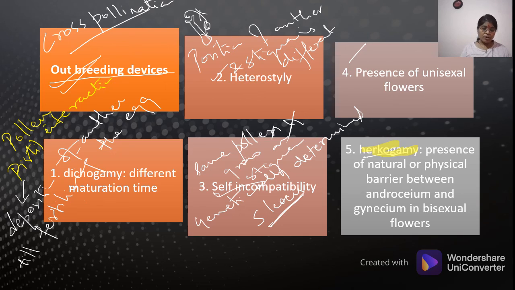Suppose this is the female part, and here is your egg. When pollen grains fall on it, how does a pollen know that the egg is here? There is a constant chemical dialogue going on between them, and even the self incompatibility factor operates here.